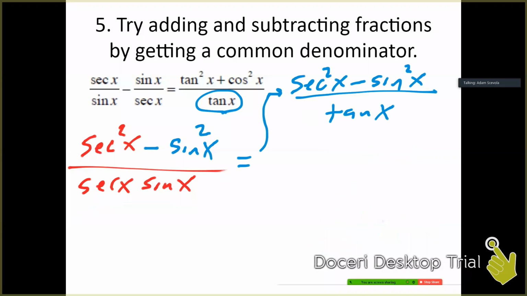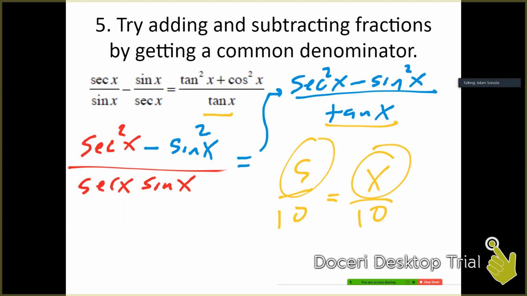Okay? Now we compare these sides, and we see the denominators are the same on both sides. The numerators are different. But they should be equal, or else this identity is not true, right? If I said like 5 over 10 is equal to blank over 10, you don't have to do any cross multiplying.